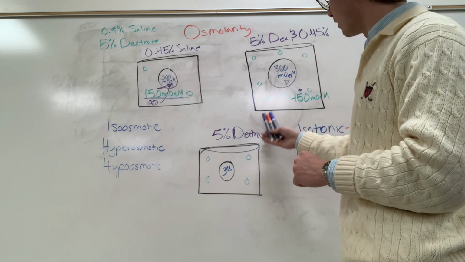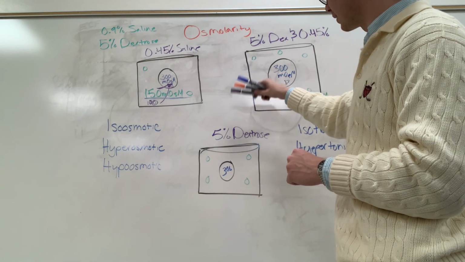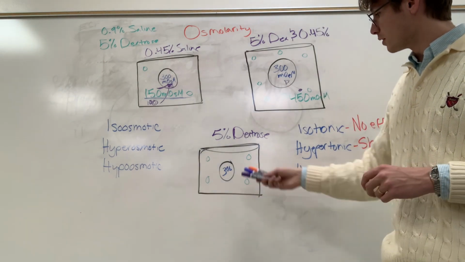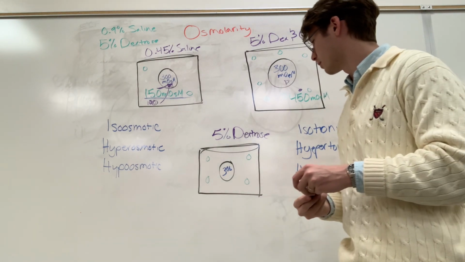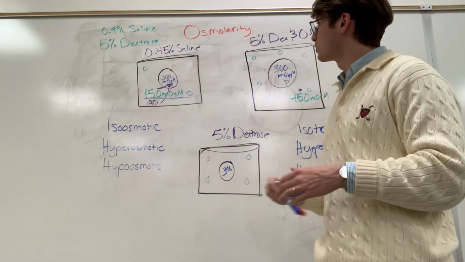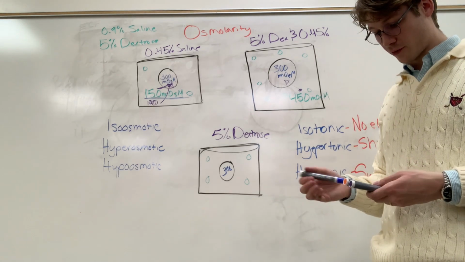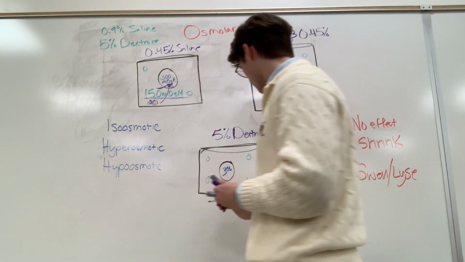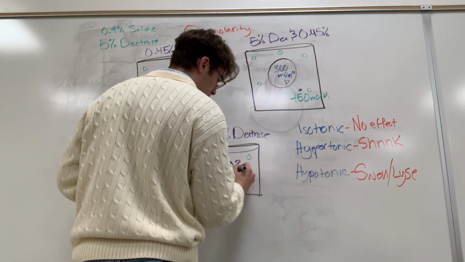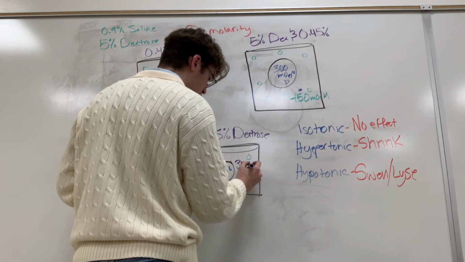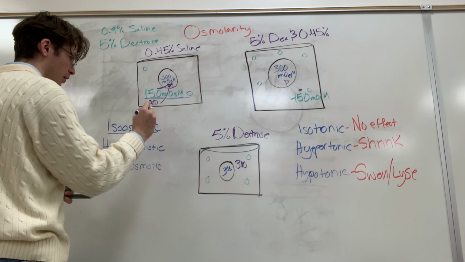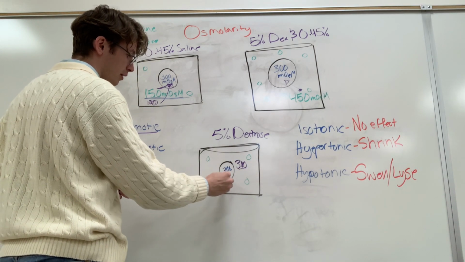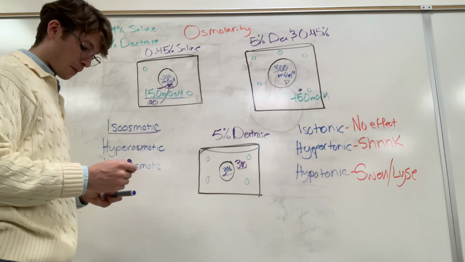So if we put a 5% dextrose solution into our extracellular fluid surrounding a cell at 300 milliosmolar, what effect is this going to have? Well, a 5% dextrose is also 300 milliosmolar. So we'll start off isoosmotic, because you have 300 on the outside and then 300 on the inside.